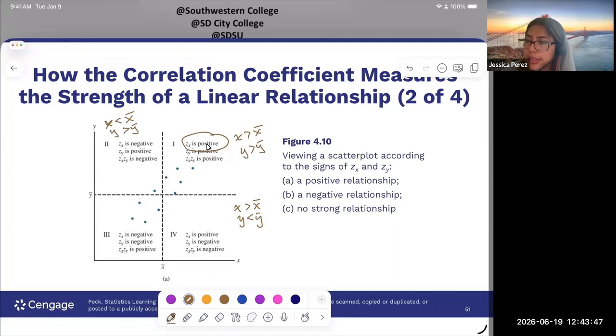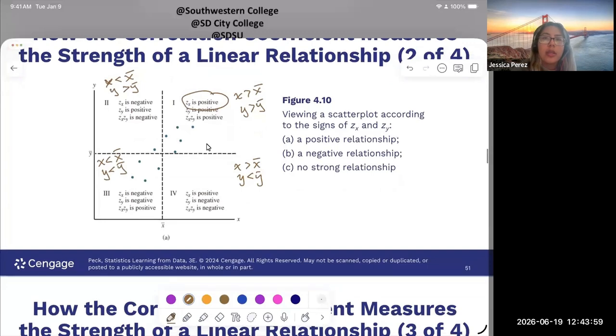Now here, z of x is negative, so x is less than x bar. Z of y is negative, so y is less than y bar, but the product is positive because two negatives give you a positive. So that means that letter A, these points over here, have a positive relationship.